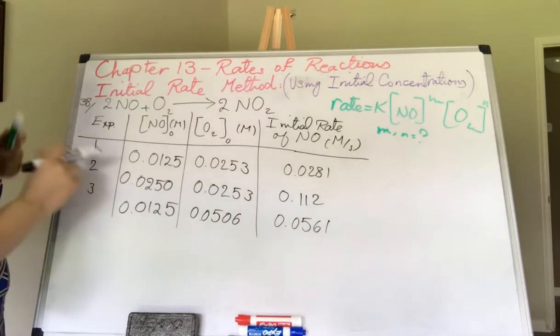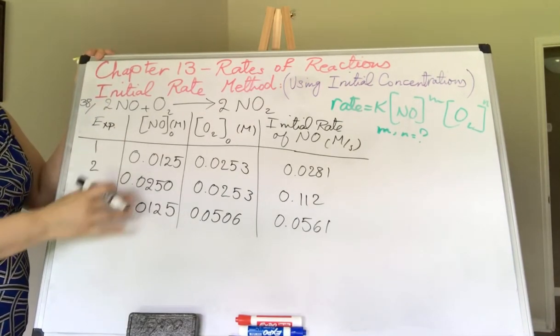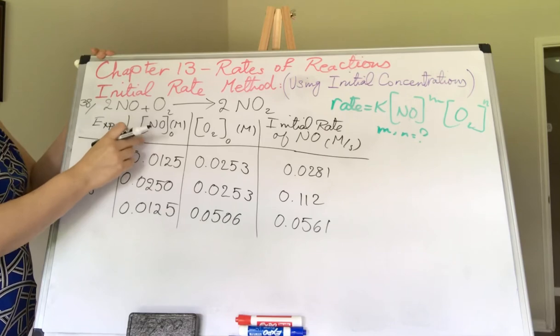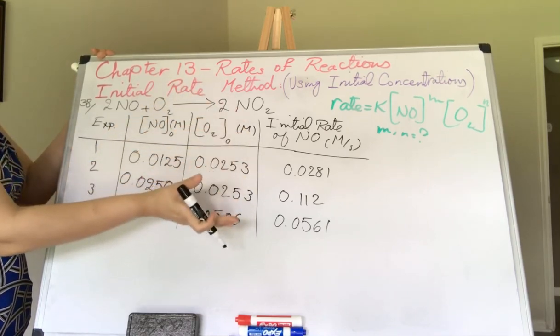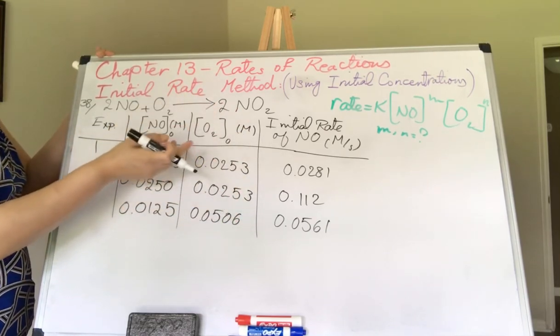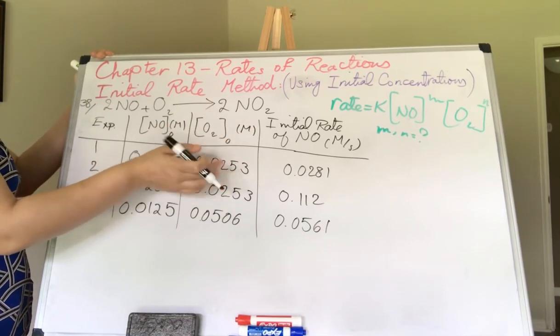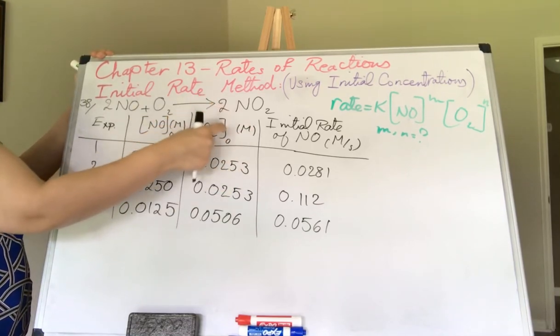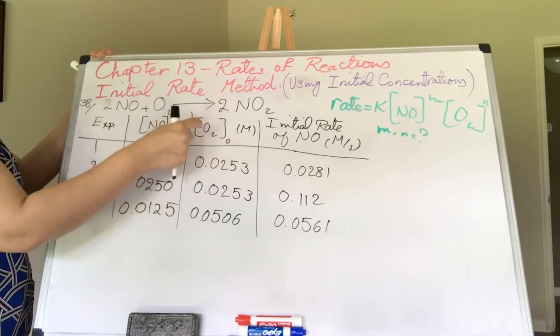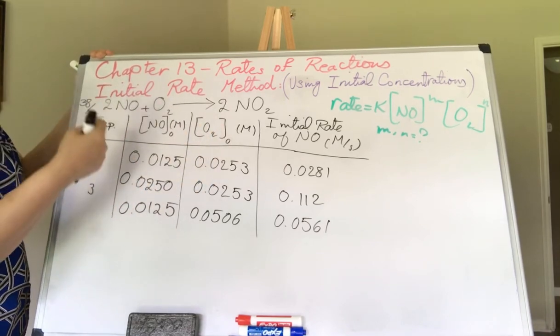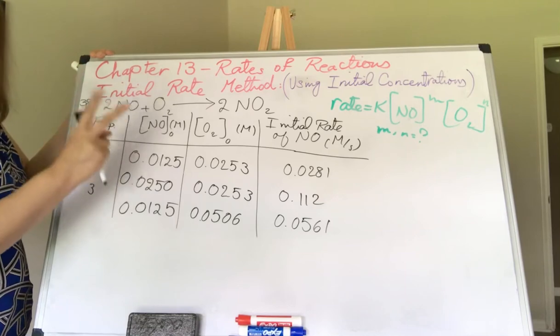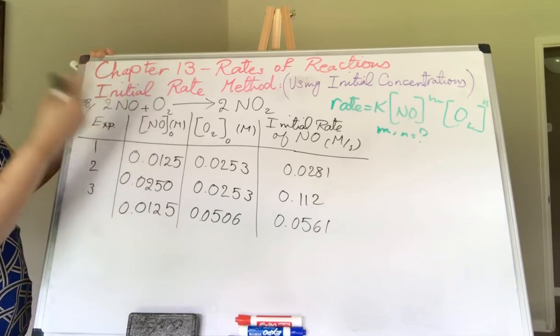In order to find M, which is for NO, you need to pick the two experiments in which the concentration of oxygen is constant. Because for one equation, you cannot have two unknowns. You must have one unknown.